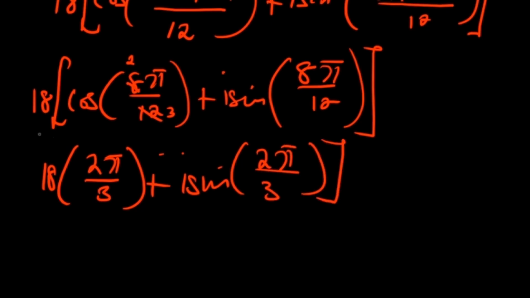Okay, then let's go ahead and evaluate them right now. Okay, correct. So let's go ahead and punch these values in our calculator. Please make sure your calculator is in radians. So here we have cos 2 pi over 3.